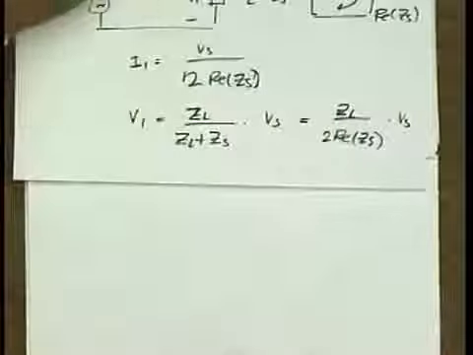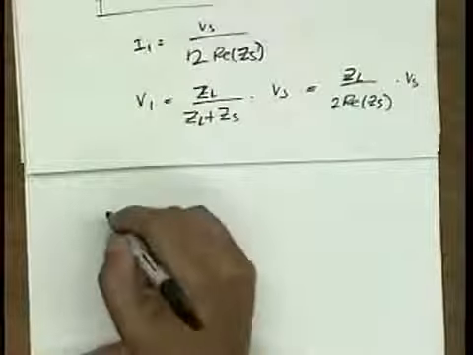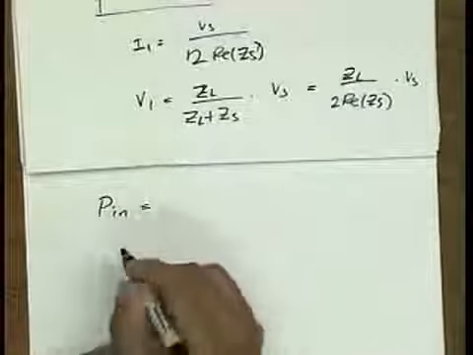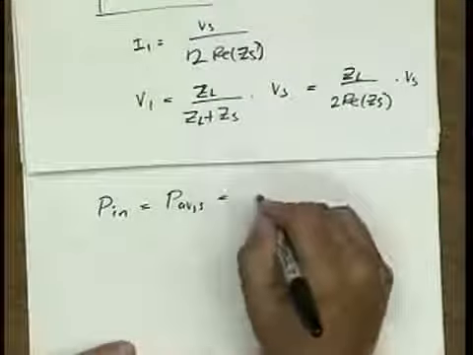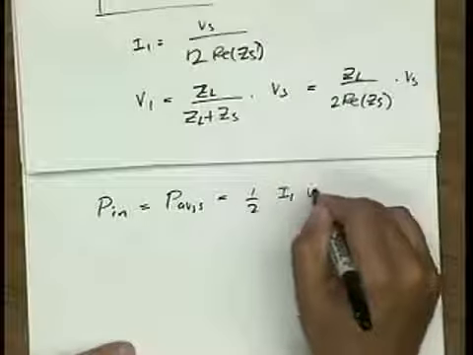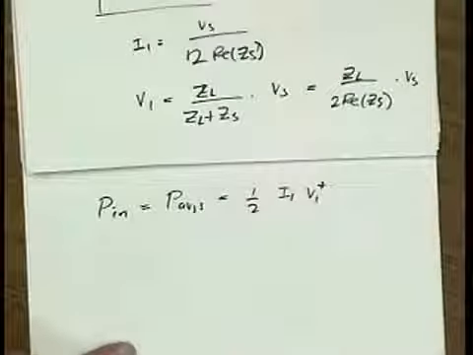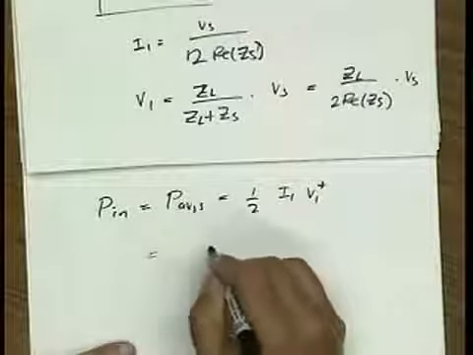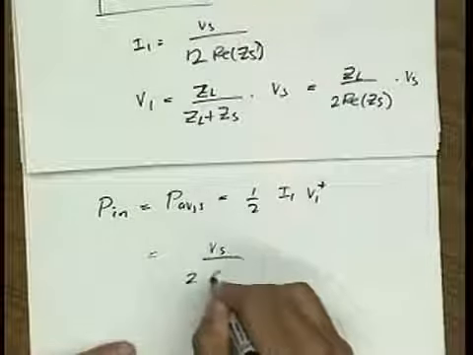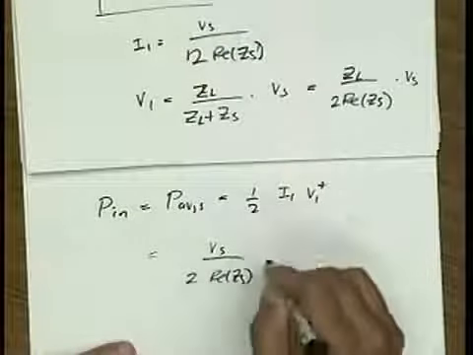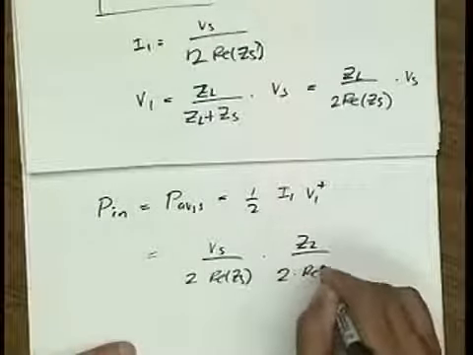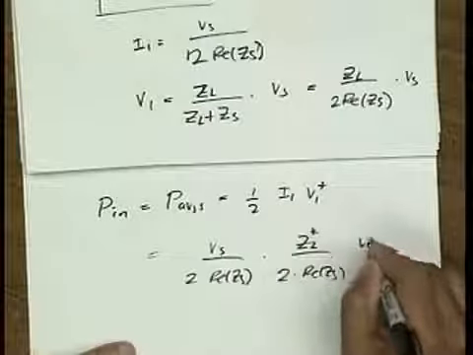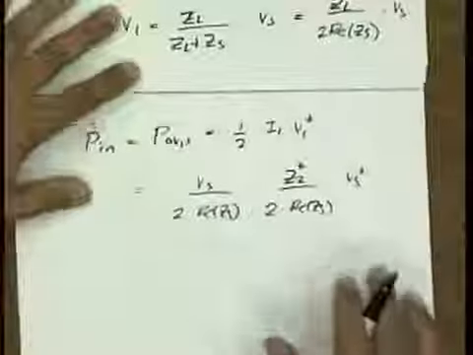So now to find the power that's dissipated in the input, the power that goes in, Pin, which is also PAVS, is equal to 1/2 I1 times V1 conjugate. So that gives me Vs over 2 real part of Zs times ZL times 2 real part of Zs conjugate Vs conjugate.